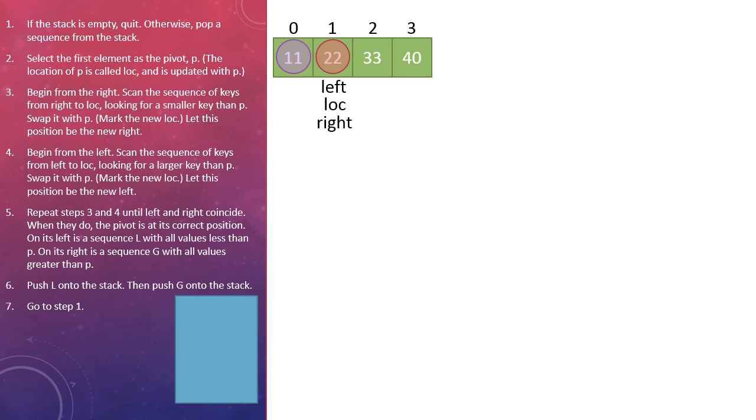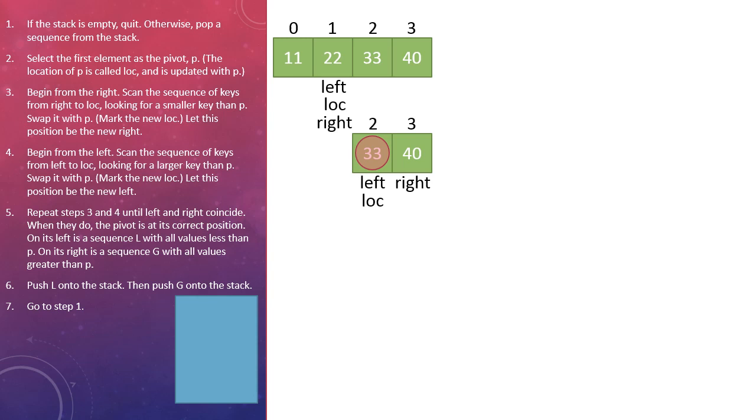On the right of 22, I have a sequence extending from 2 to 3. So I will push this subsequence onto my stack. Look at the stack. Is it empty? No. Pop a sequence from the stack. I get the sequence from 2 to 3.